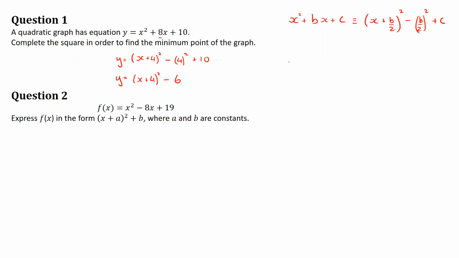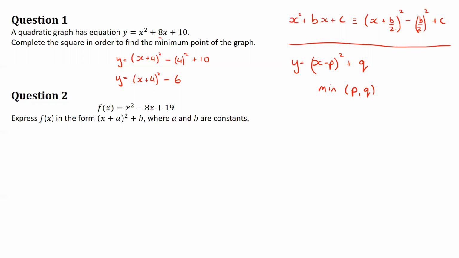Big thing to remember again about completing the square, just separate to the notation above, is once you've actually found it in this notation, so x plus, let's do it minus just for now, so x minus p all squared plus q. Once you've found y in this form, this will tell you the minimum or maximum point, and that will always be at (p, q).